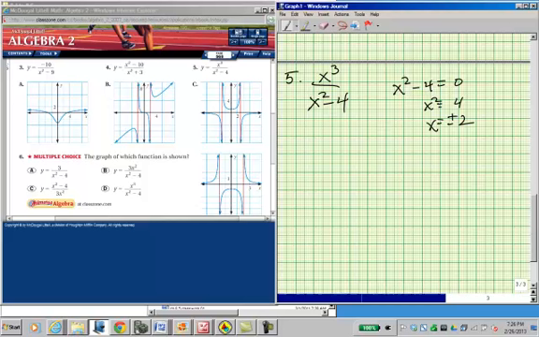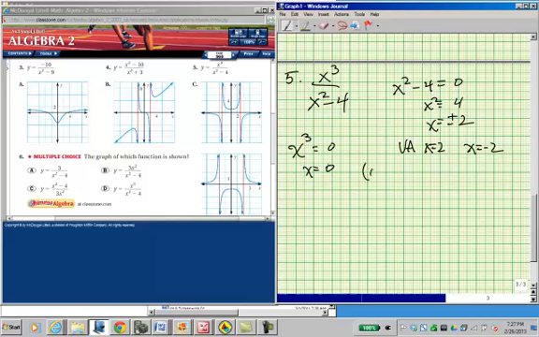Now, so there are 2 vertical asymptotes. X equals 2, x equals negative 2. So that looks like graph B. Now what about x-intercepts? Well, we have x cubed. Take the numerator, make it equal to 0. Well, the cube root of 0 is 0. X equals 0.